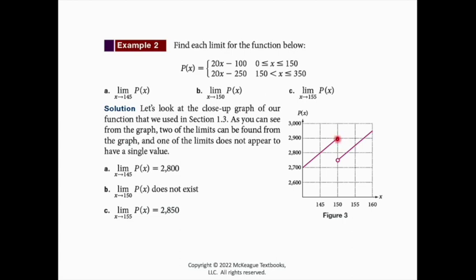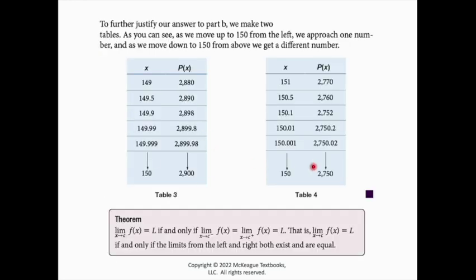The value of the function lies here on this interval because it's a closed circle and we're including 150 in that domain for this piece. So this is a good graph to illustrate that idea that the limit can be different from the value of the function.